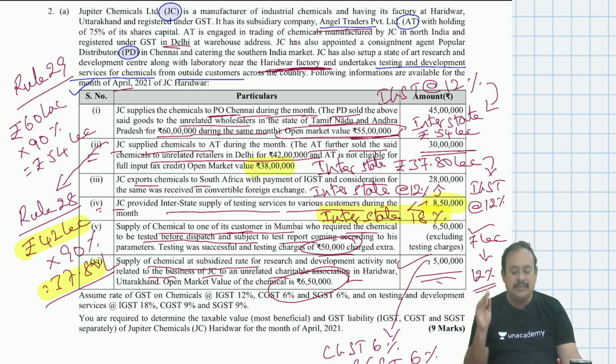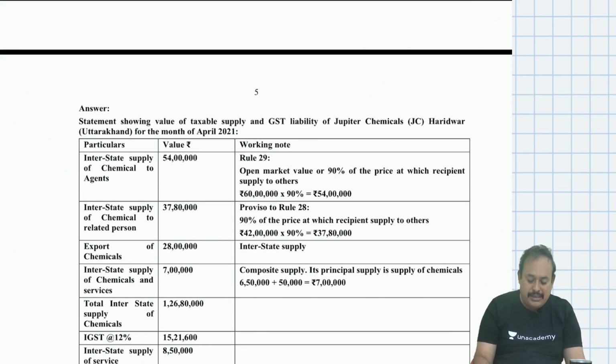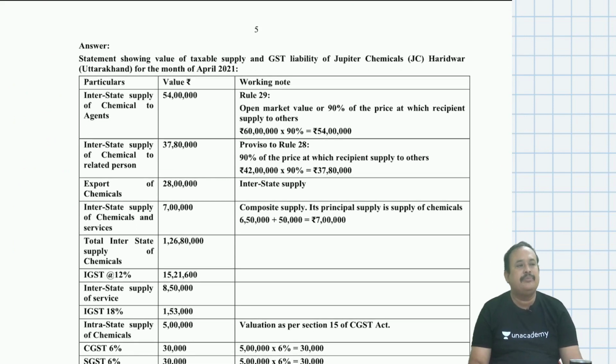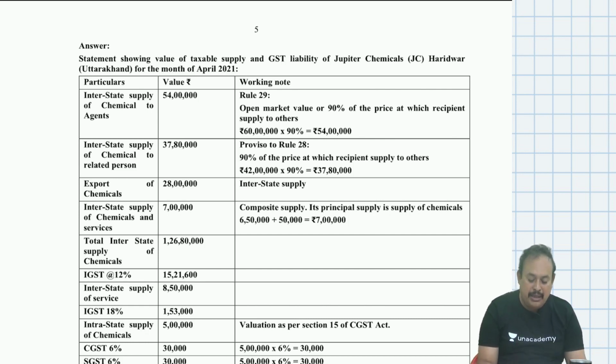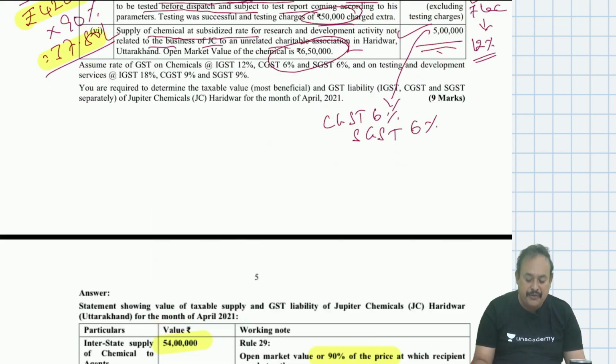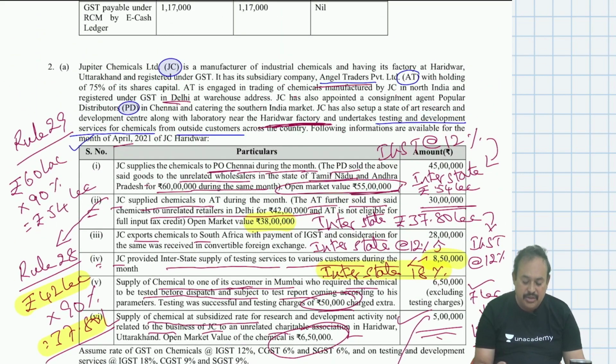Problem has been analyzed. Put in a tabular format. Look here, solution. Statement showing the taxable supply of Jupiter Chemicals, Haridwar, Uttarakhand. Interstate supply. Here open market value 90% of 60 lakhs, 54 lakhs is considered. See here, first case we got 54 lakh.